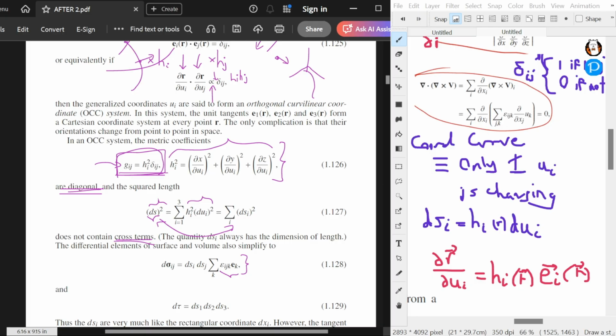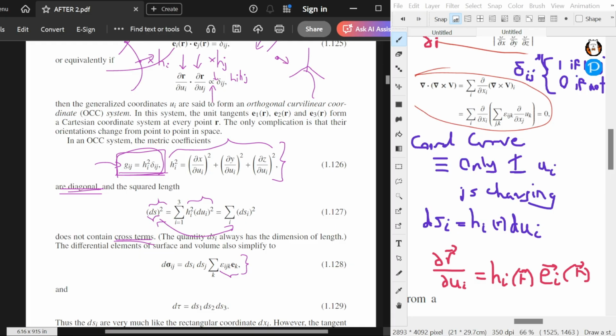What does it mean to say metric coefficients diagonal? Okay, this is tensor stuff. It tells you how to compute distances and angles.